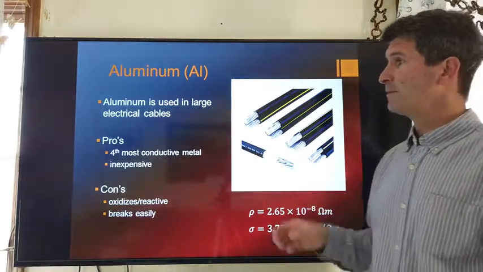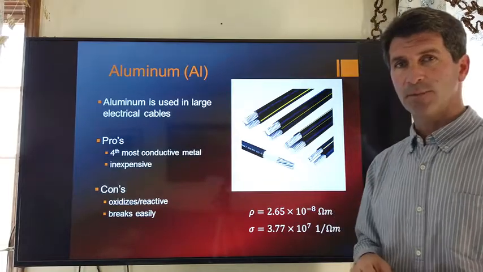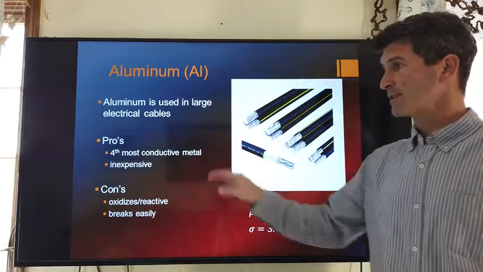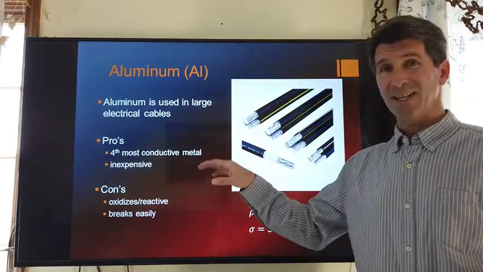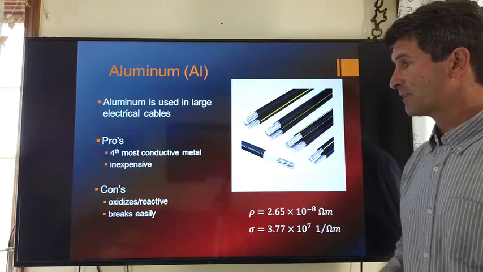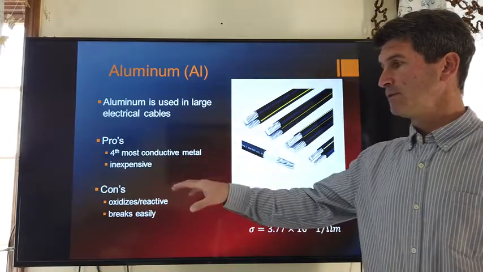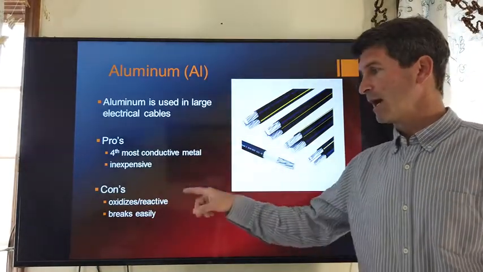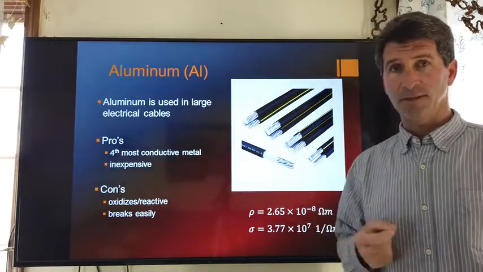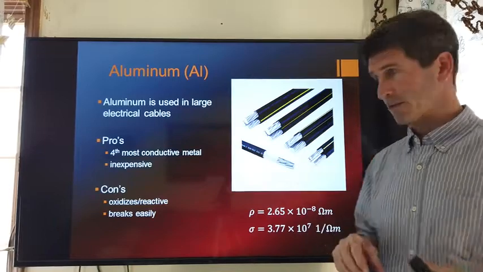Aluminum. Aluminum is used for large electrical cables, for large electrical transmission. The reason for it is it's the fourth most conductive metal. It's light. It's inexpensive. I would say the problem is you don't want to use it in small wires. It oxidizes, it's reactive, and an oxide layer can make a very difficult connection when you're dealing with a small connector.